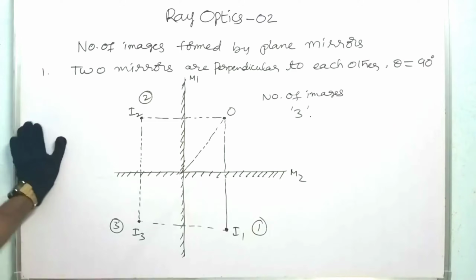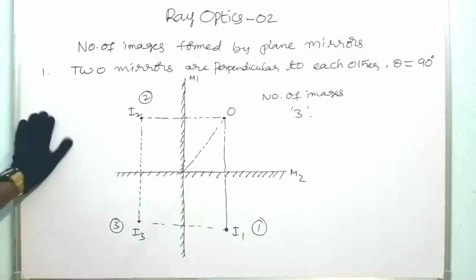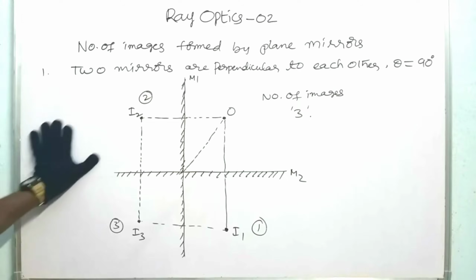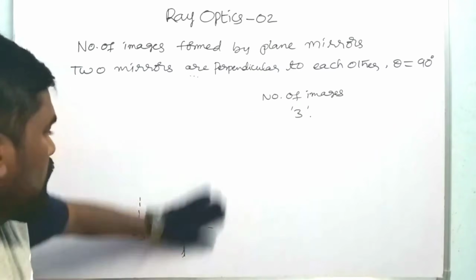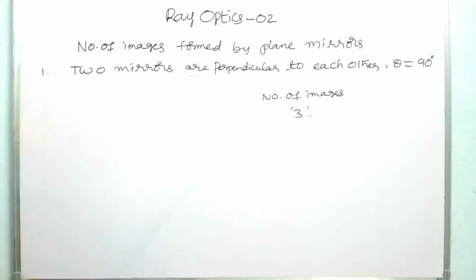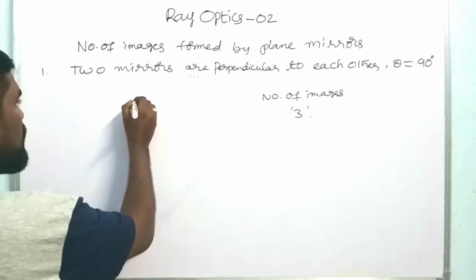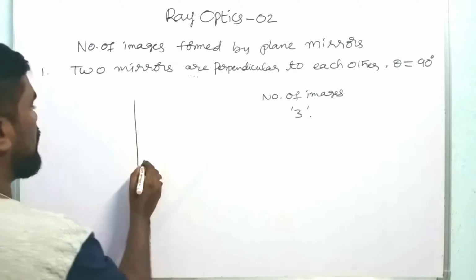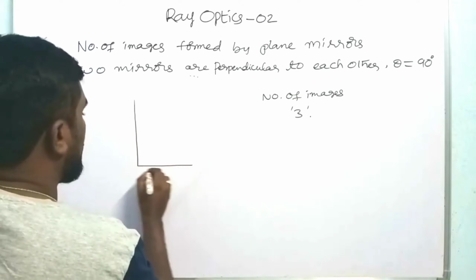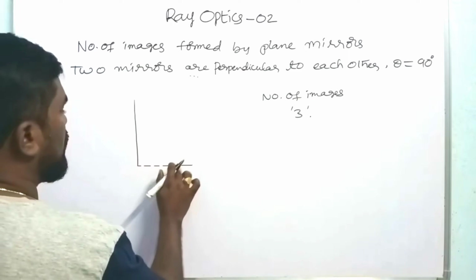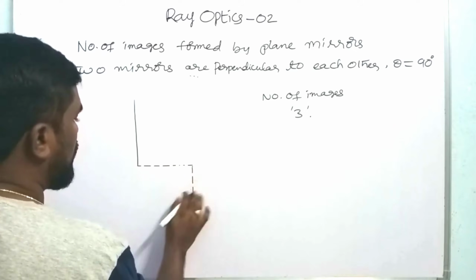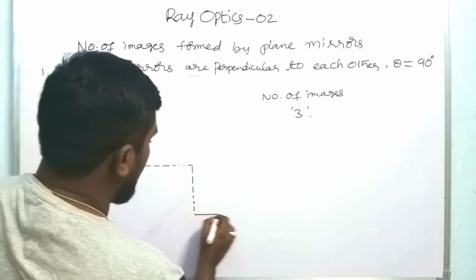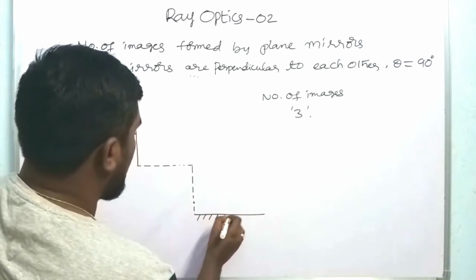The next one, how can we write that? Let us see. If two mirrors are perpendicular to each other, this is the mirror and this is one more mirror, another mirror like this.